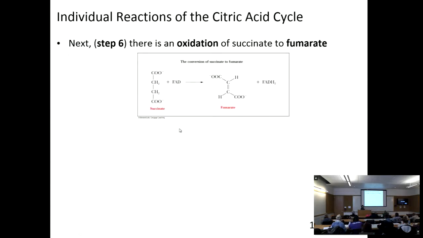And let me just go over one more before we go to our worksheet. What we're going to do is oxidize succinate to fumarate. Remember when I was going over the beginning that FAD is an oxidizing agent just like NAD. However, the FAD is a little bit stronger of an oxidizing agent.